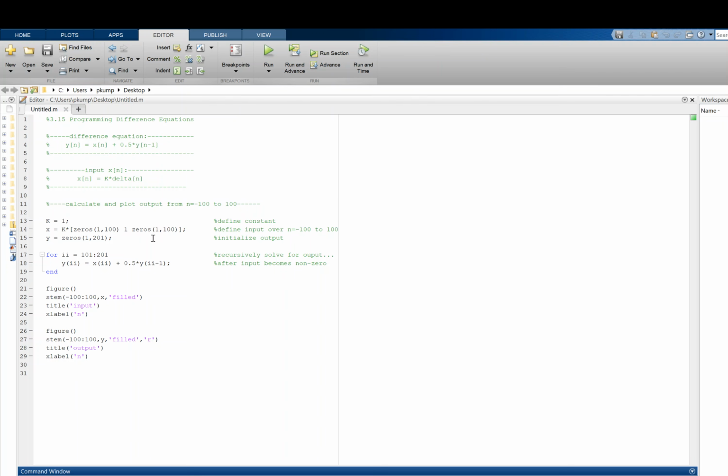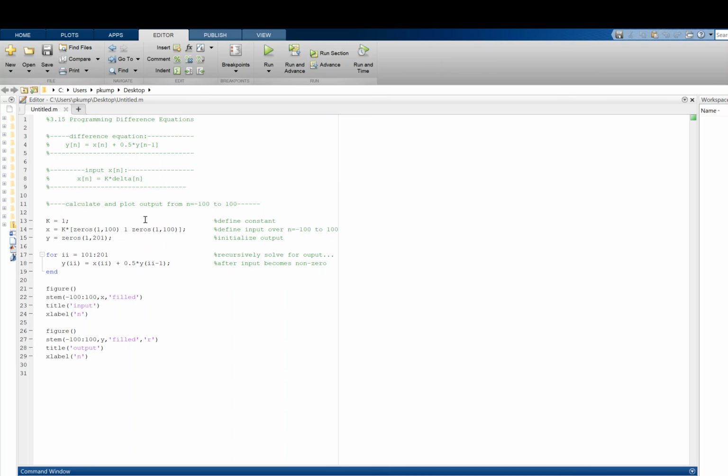Now, I'm going to define x, the input. I've predetermined that I'm going to plot this signal from n equals negative 100 to 100. Just like when you plot something, you have to decide on a range of n, so I'm choosing negative 100 to 100 in steps of 1.